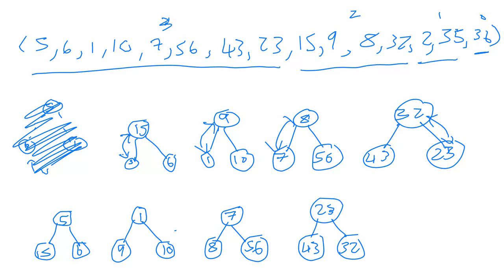So I now have 4 heaps. I want to combine those again. I need more keys. I take 2 as the next key. That becomes the new root of that heap. I then have 35 on this side, and it becomes the new root of that heap. Now I have to do a down heap to make sure that the heap order property is preserved.